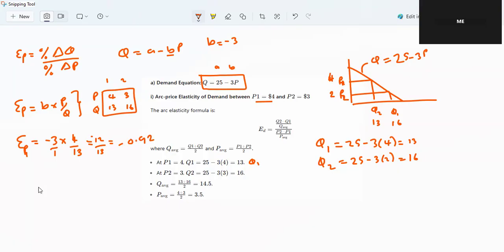Okay? Let's try P2. What is the point elasticity at P2? But before I go to P2, what does this mean in economics terms? It means demand is insensitive to price. So if you're increasing prices, you can safely increase, because how much you will lose in demand compared to how much you gain is going to be low.